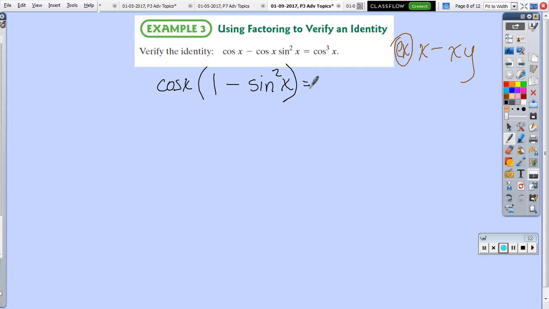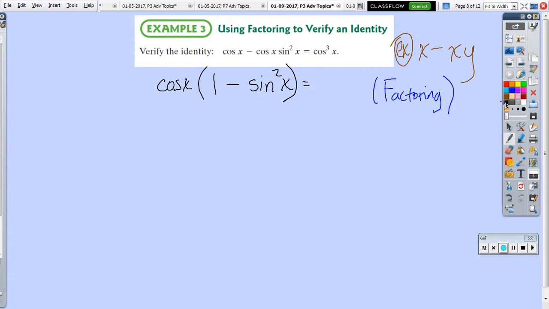You just factor out the cosine. When you factored out the cosine of x, you just took out the cosine of x, you didn't get rid of the negative, it's still there. If you factored out a negative cosine x, it would take the negative away.